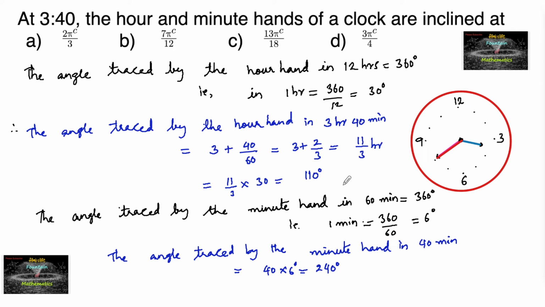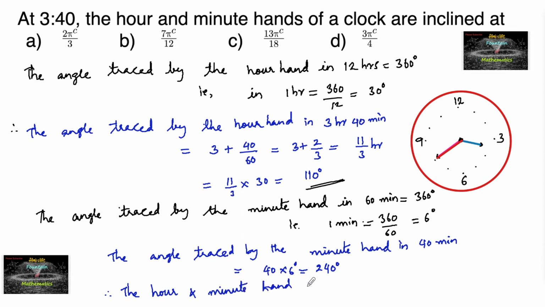And therefore now the angle traced by the hour hand is 110 degrees, and the angle traced by the minute hand is 240 degrees.